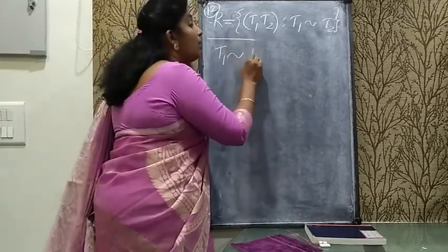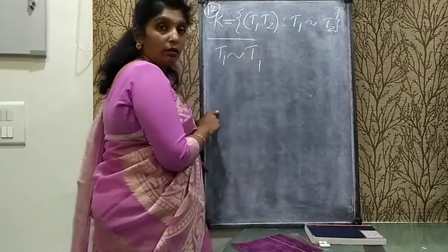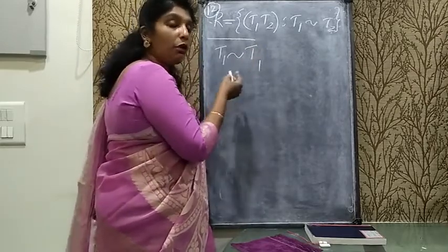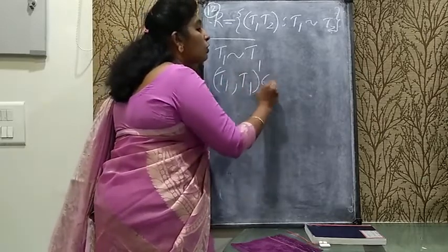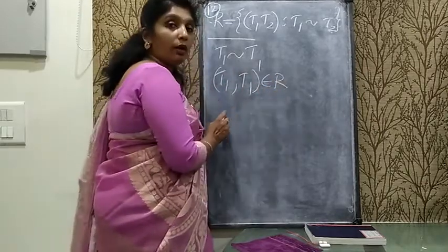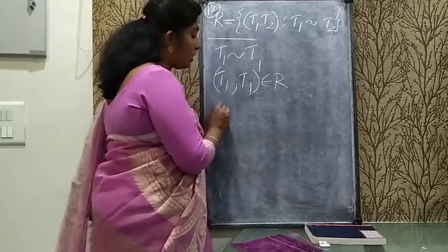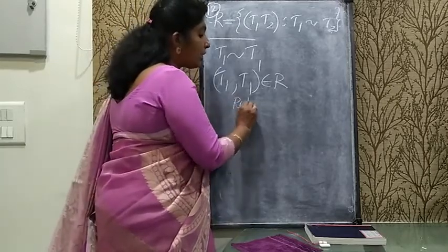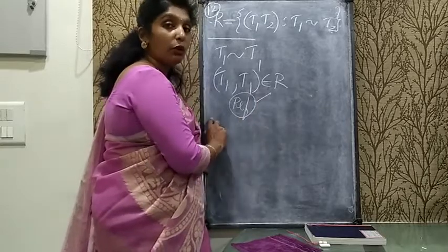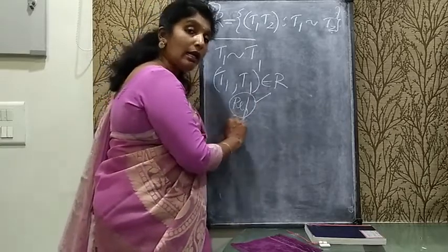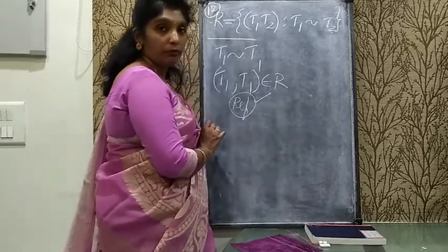T1 is similar to T1. T1 is similar to T1 means (T1, T1) belongs to the relation. It means the given relation is reflexive. So you have to write here that R is a reflexive relation.